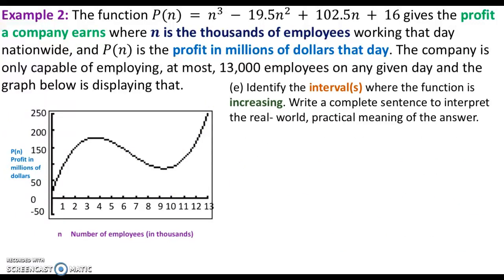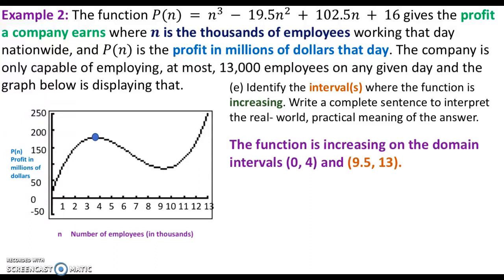Part E says, identify the interval where the function is increasing, and then write a complete sentence to interpret the real-world practical meaning of this answer. So let's go back to what we were saying before. We say that the curve increases when the curve rises as we move from left to right. So we said on the interval from 0 to 4, this function will increase.